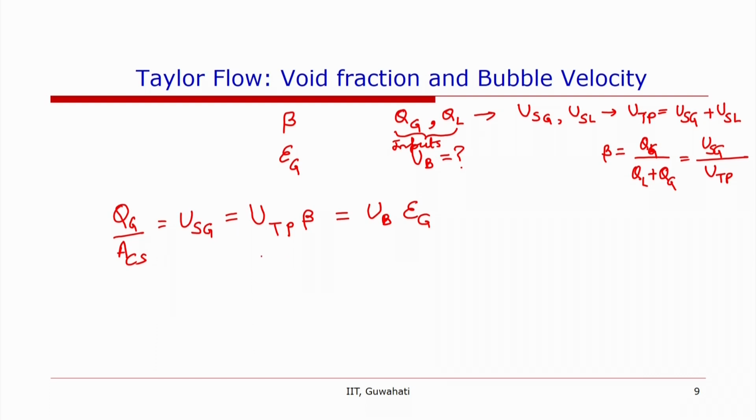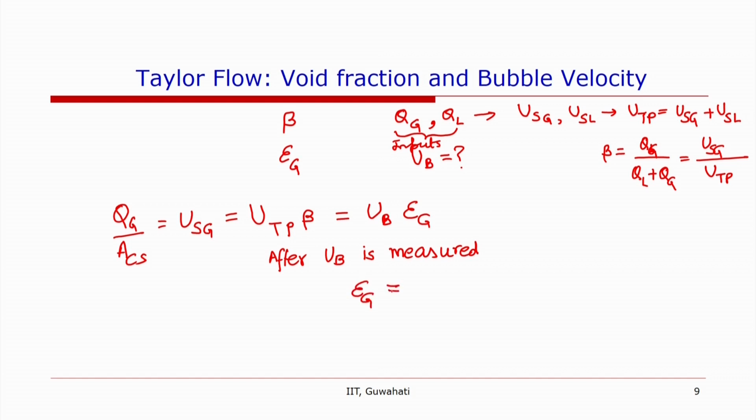So if we are able to measure the bubble velocity, after UB is measured, for example visually, then one can find what is epsilon g.